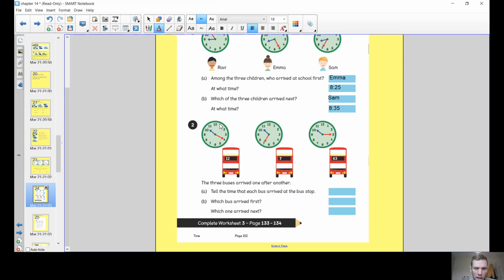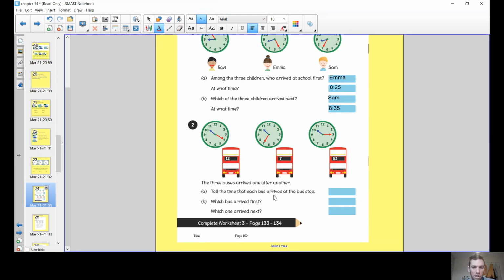But how many minutes past 10? Okay, 10, 5, 10, 15, 20 past 10, 10:20. 5, 10, 15, 20, 25, 30, 35, 10:35. And we should know this from earlier in the week, 10:15.